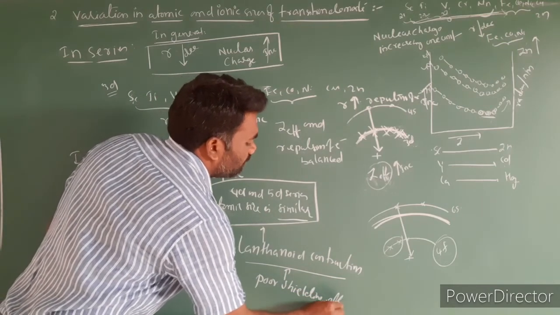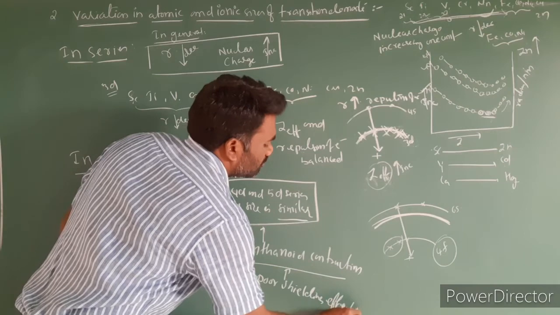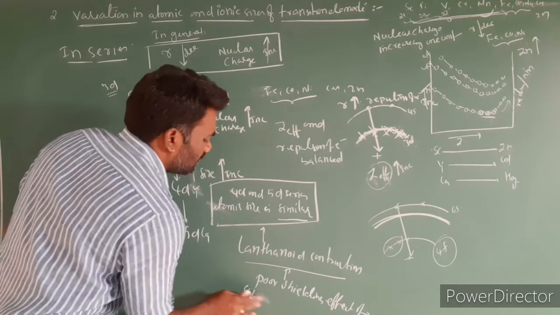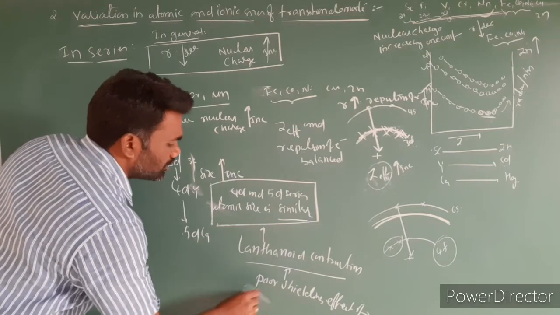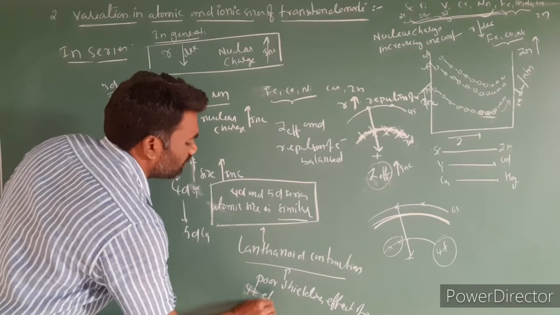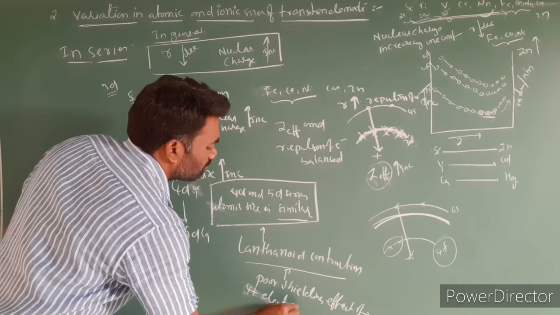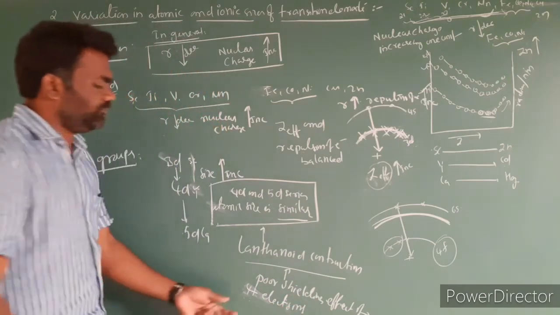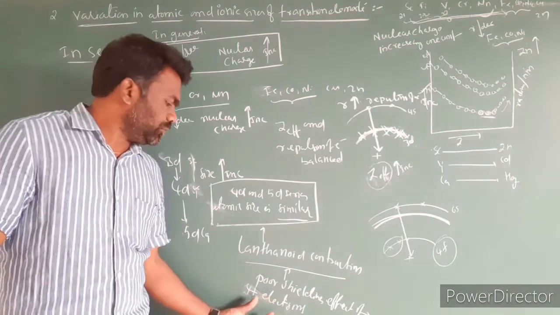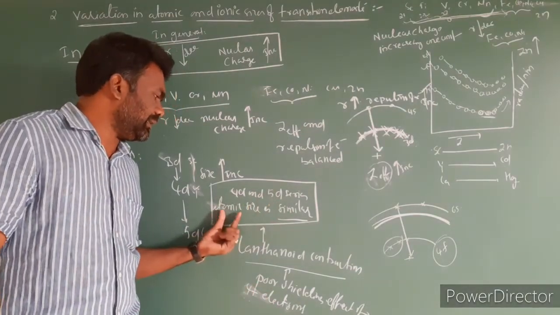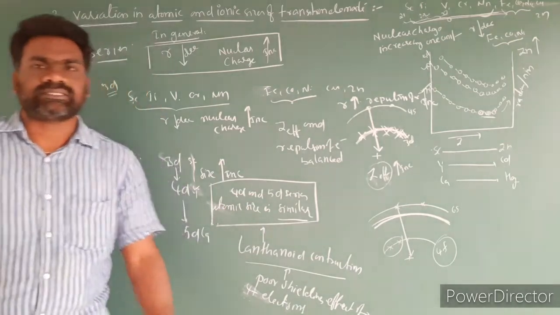Due to the poor shielding effect of 4f electrons, the 4d and 5d series atoms have similar sizes.